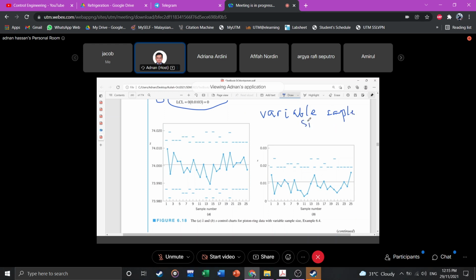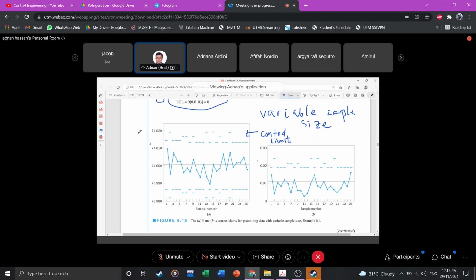You notice the dashes. The dashes here are actually showing the control limits. It is very tedious to have a control limit for every sample, but the dashes show the control limits.